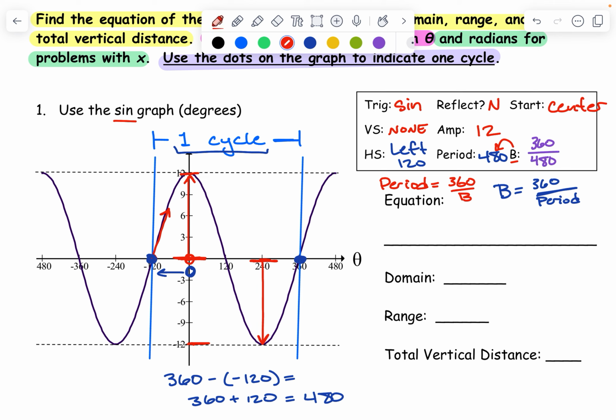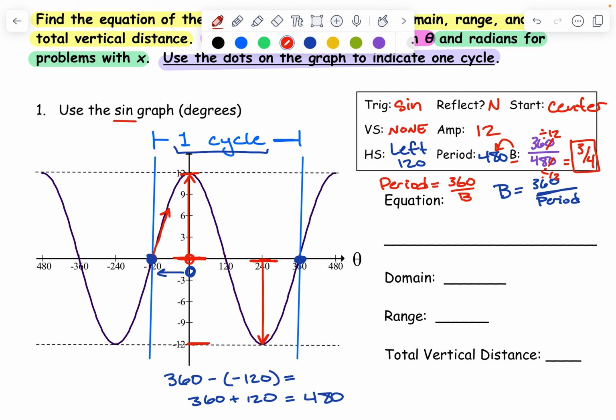Now, you could simplify this. You could divide them both by 100, which would knock off these zeros, and then divide them both by 12, the GCF of 12. That would give you 3 over 4. So our b value is 3 over 4. You can solve that algebraically for each one of these problems.